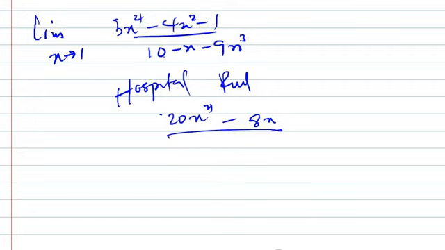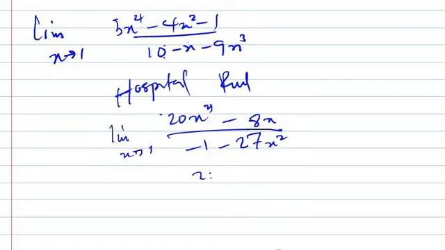For the bottom, the derivative of this is 0, the derivative of this is minus 1, and the derivative of this will be 9 times 3, which is negative 27x squared. So our limit is as x goes to 1, so we have to substitute.